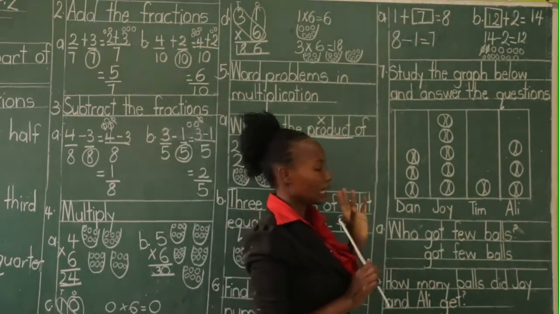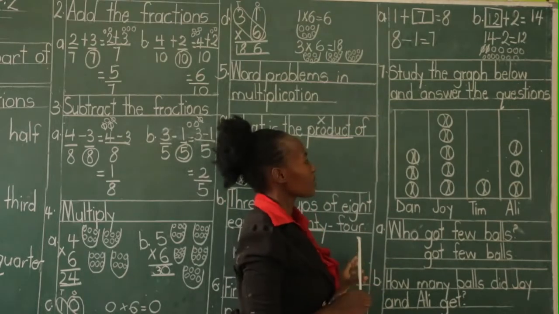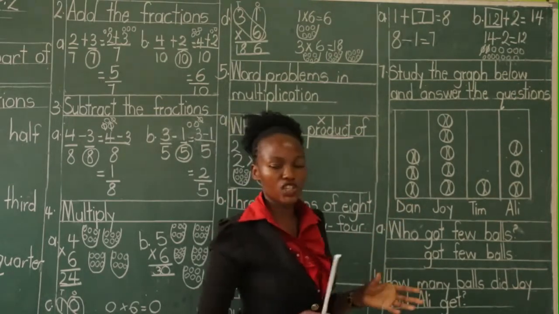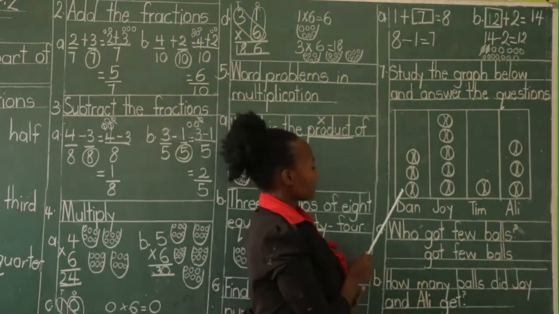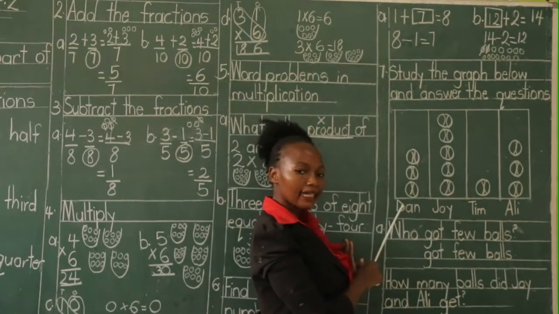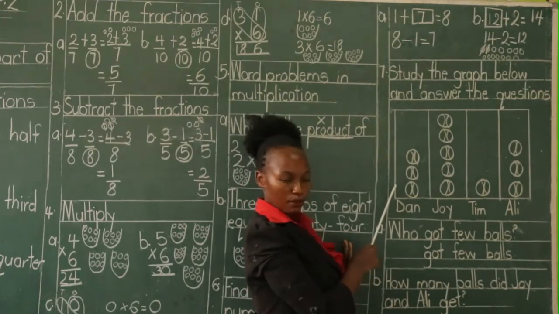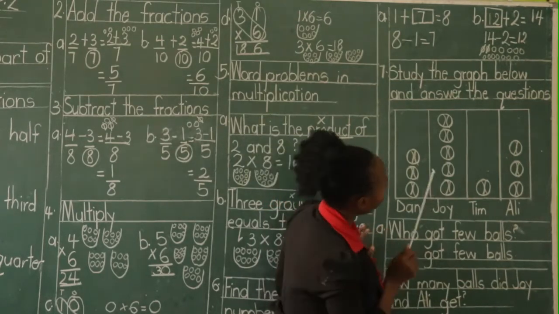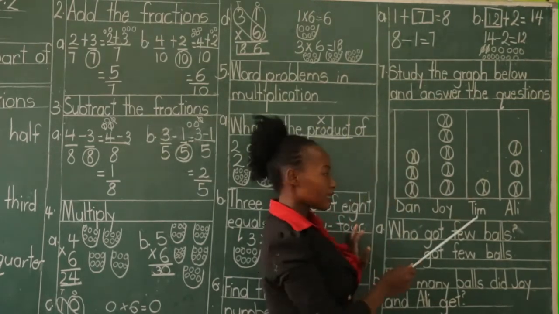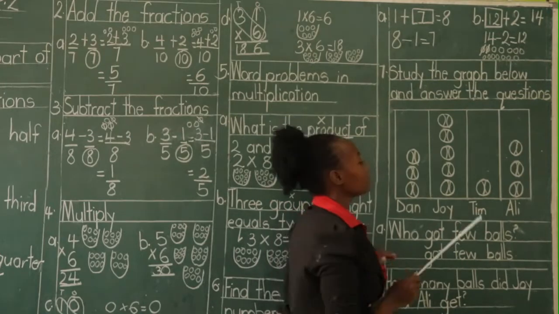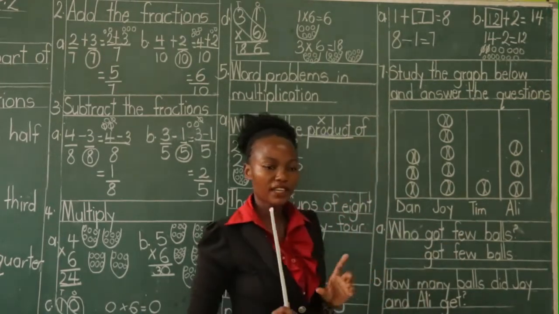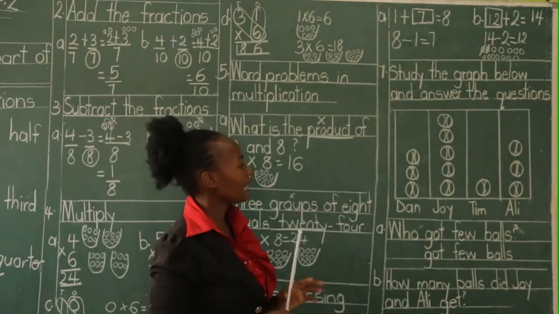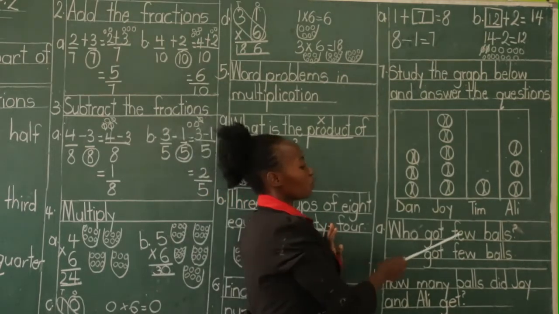These are the 4 children having balls, and we are going to see how many each has. Our first child here is Dan, and Dan has 3 balls. The next one is Joy. Joy has 5 balls. The next one is Tim with 1 ball. Ali with 3 balls. Then they ask you, who got few balls?